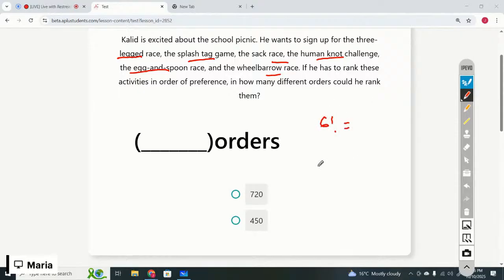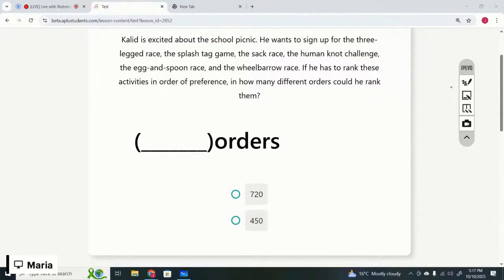We need to evaluate 6 factorial. 6 times 5 times 4 times 3 times 2 times 1. Twenty-four times 5 is 120 and 120 times 6 is 720. So option number 1 is the correct option.